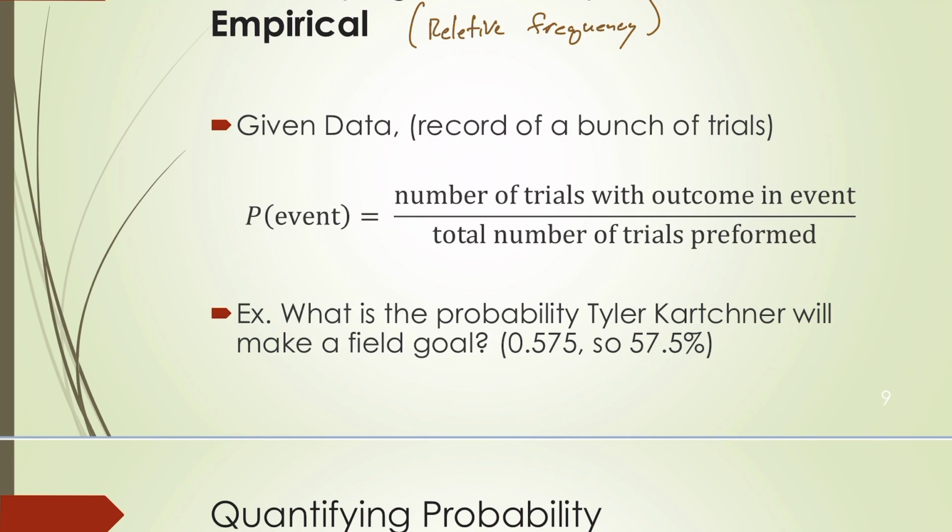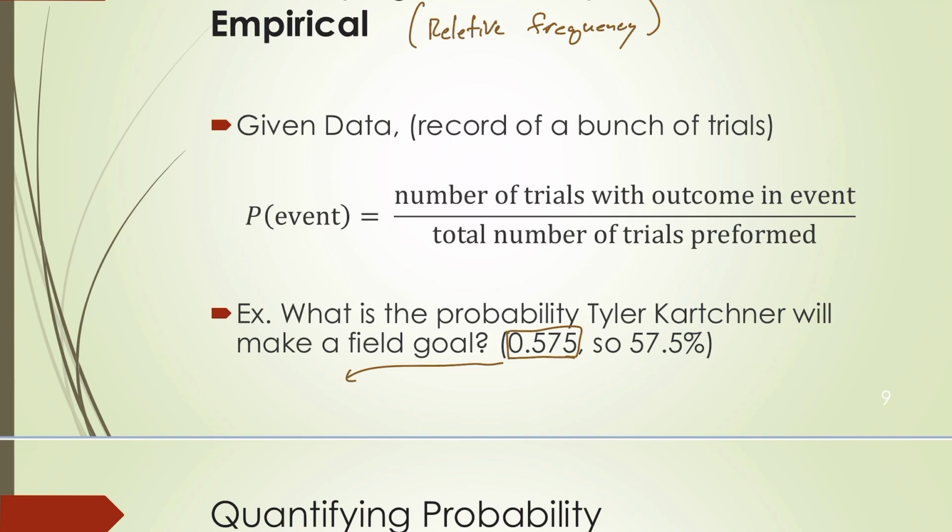What is the probability Tyler Karchner will make a field goal? All right. I went on the SVU Athletics homepage and found this field goal percentage. The way a field goal percentage is computed is you have somebody, in our case it's Caden Nicholson, and he will see every time Tyler attempts a field goal and mark that down.